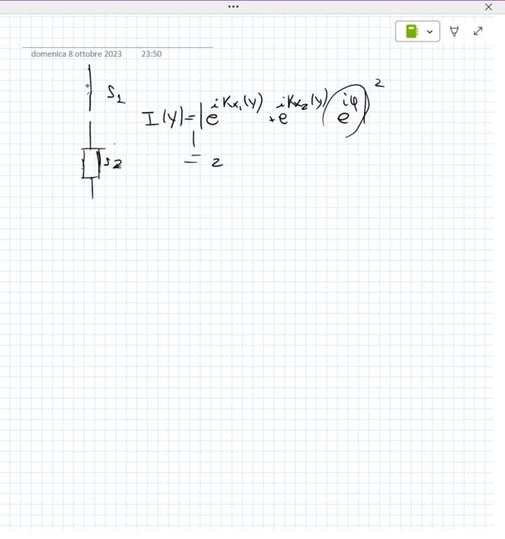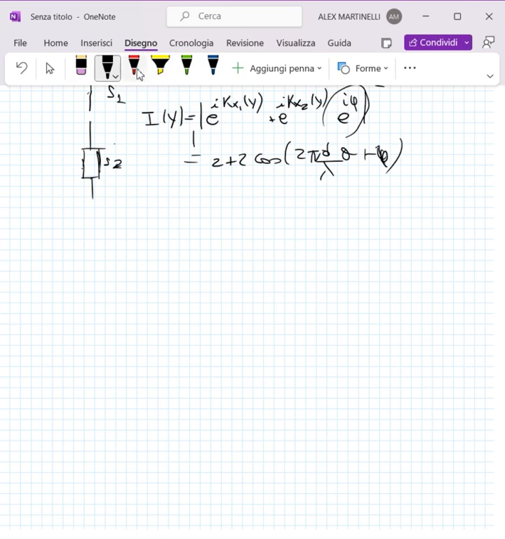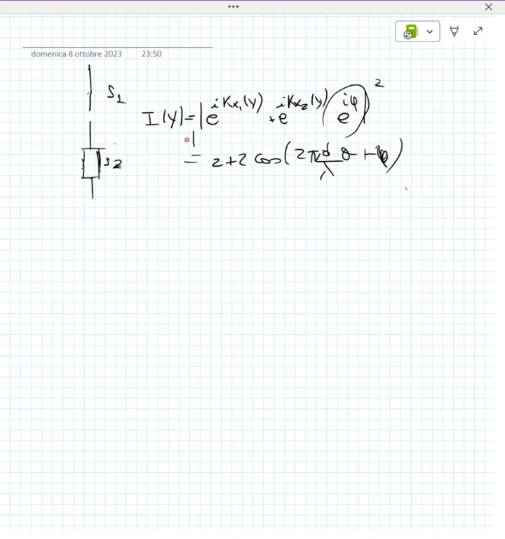The result would be a shift of the point where the photon converges along the y-axis. So this is the y-axis.